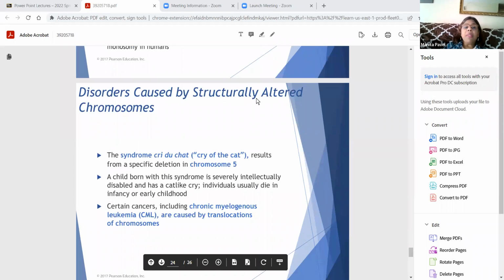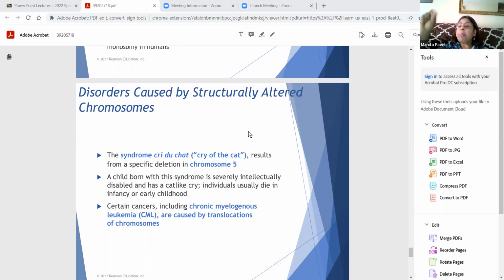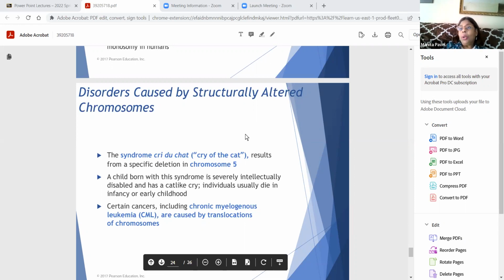Now, there are syndromes, disorders that are caused by structurally altered chromosomes. So what do we mean by structurally altered chromosomes? The chromosome structure has been changed. One particular syndrome is referred to as cri du chat, French, which means cry of the cat.